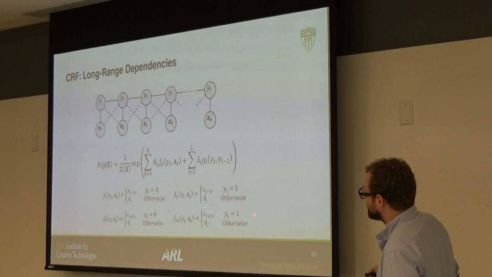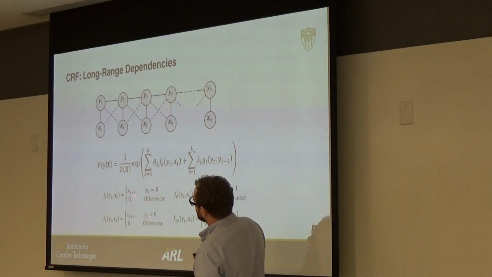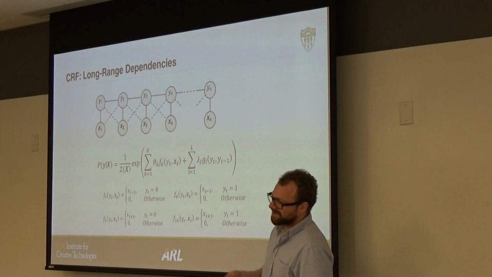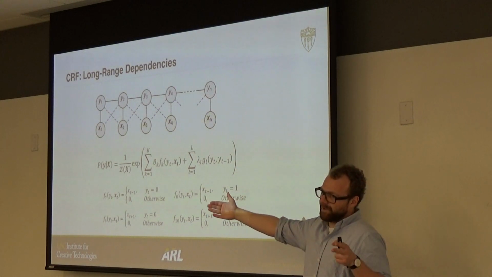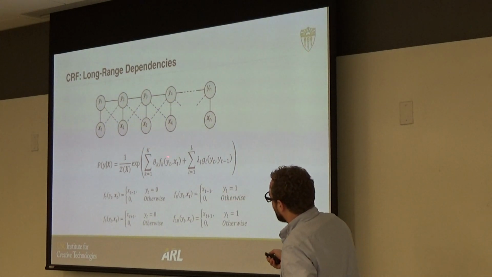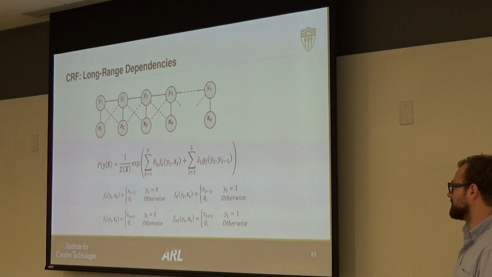So we can define feature functions that could also be like t minus 5 or something like that. That would learn these long-range dependencies. But again, these just fall into the different kinds of feature functions here.